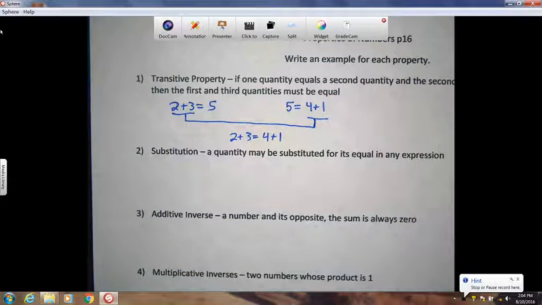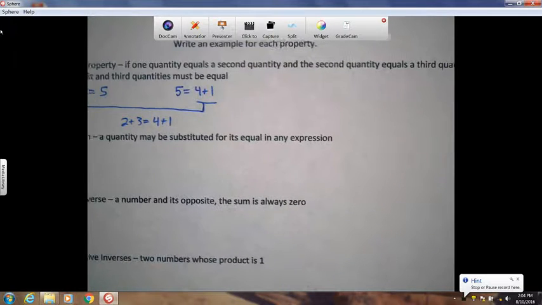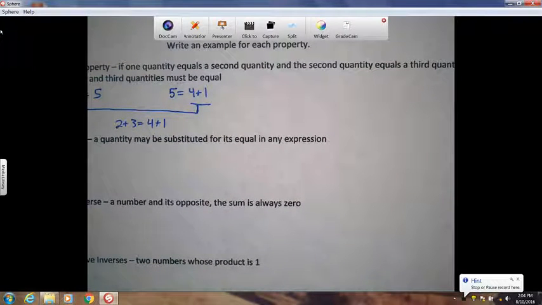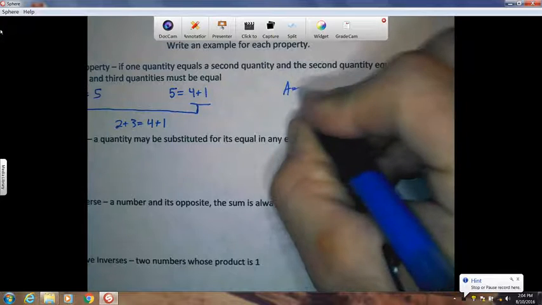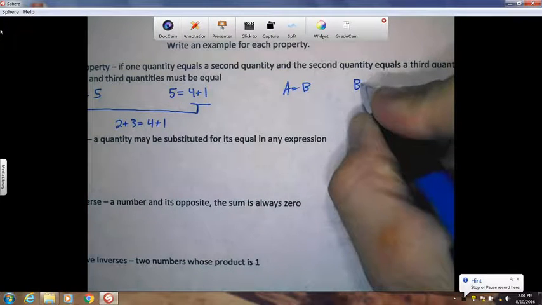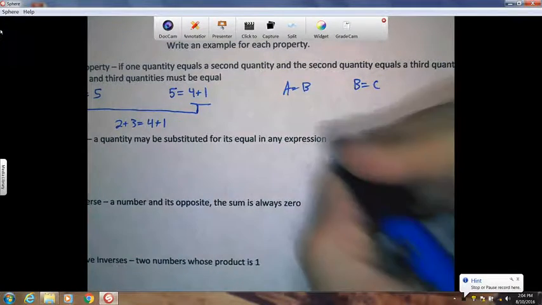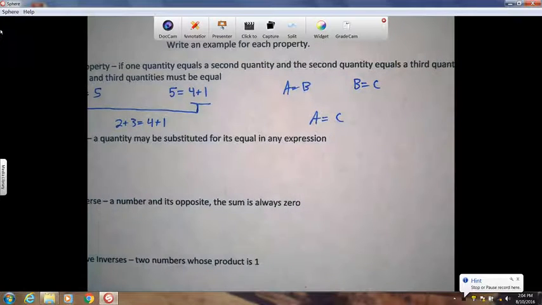They're the same. Now if we say it using algebra and only variables, if A equals B and B equals C, then that must mean that A and C are the same. Again, it sounds more complicated than it really is.